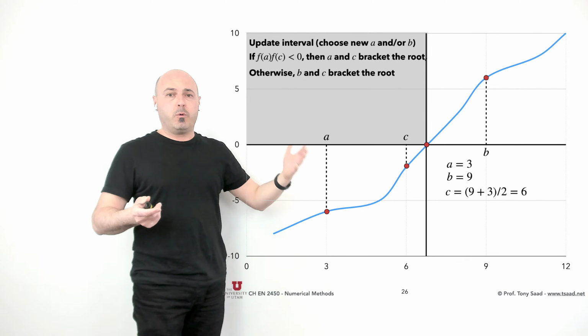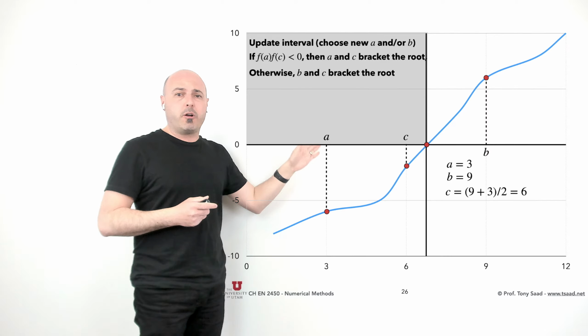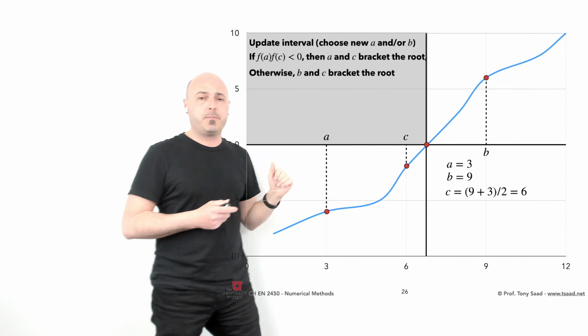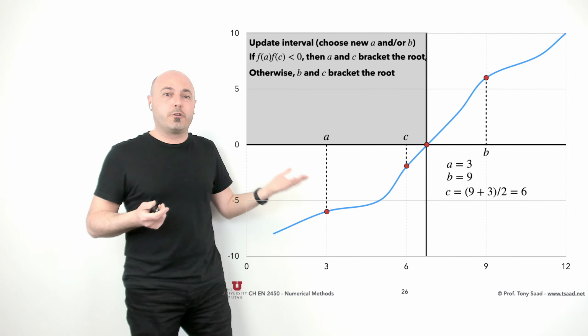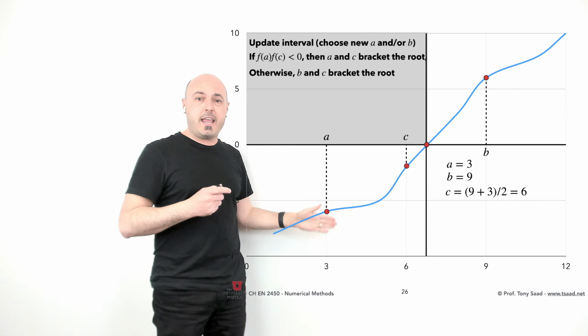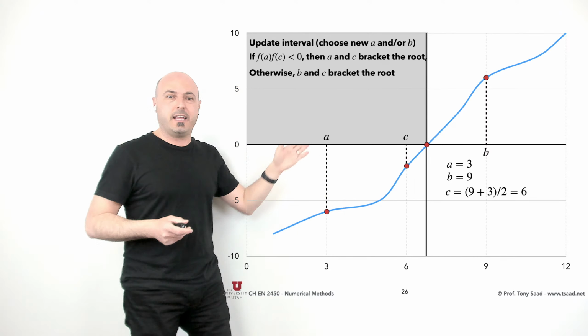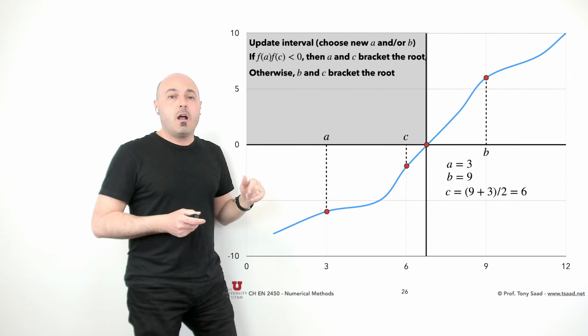Now, you can choose to do this in many ways. I like to always take the product of f of A times f of C. If that product is negative, then A and C bracket the root because one of them is negative, one of them is positive. So then A and C is your new bracket. A is the lower bracket and C is the higher bracket.